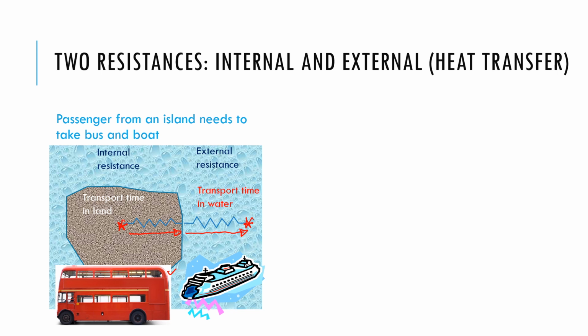These two are kind of independent, and there are two transport times involved, inside and outside. So we can think of there being two resistances to movement. There's the internal resistance that depends on how fast the bus or the metro is going, and the outside depends on how fast the boat is traveling, and these are two independent ones.